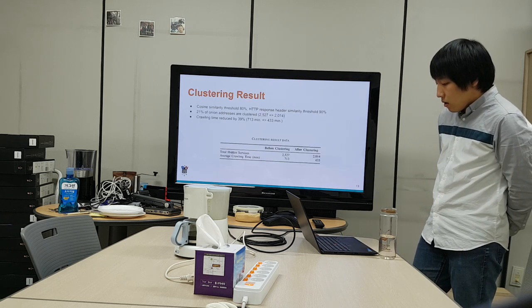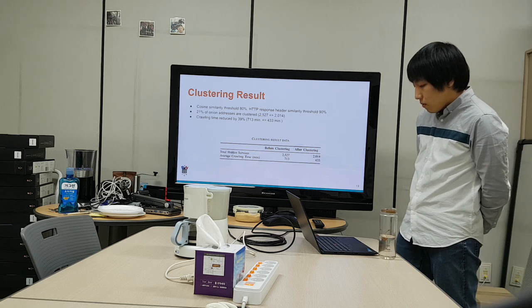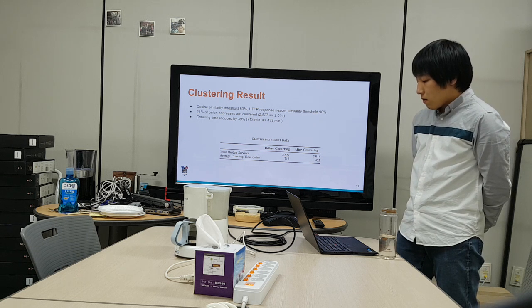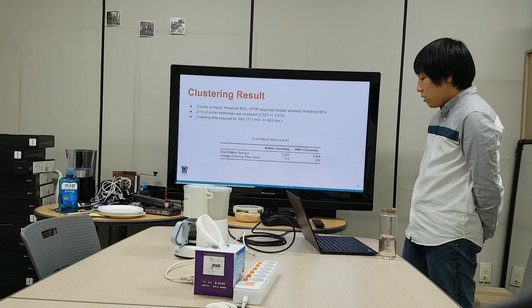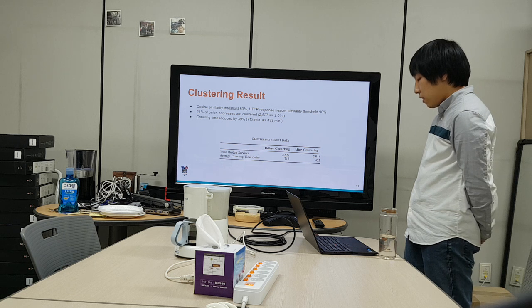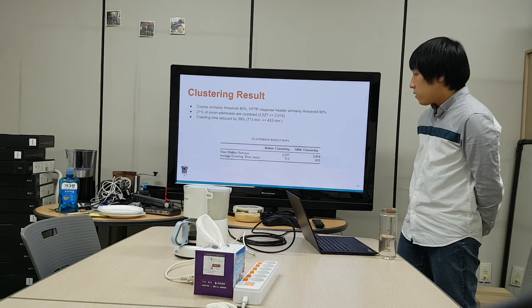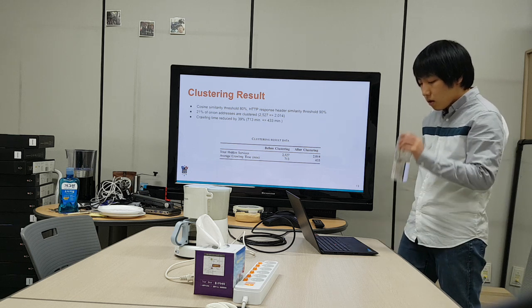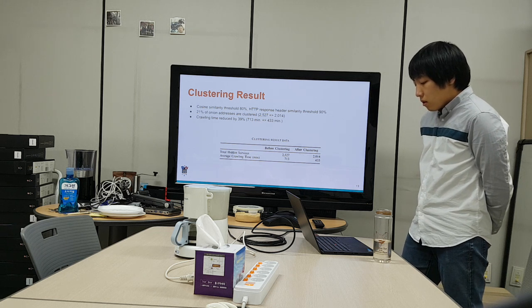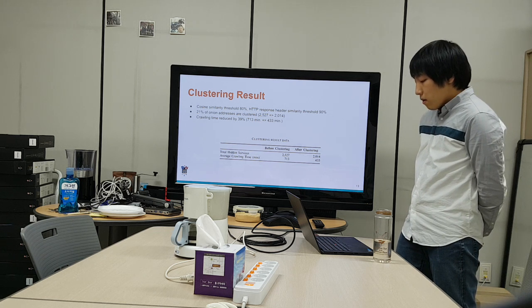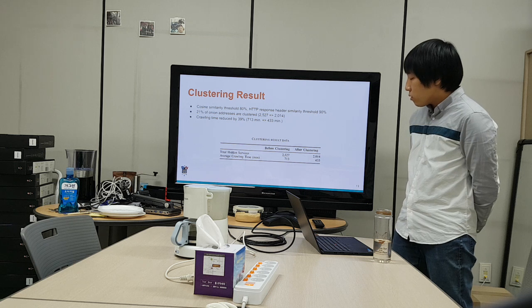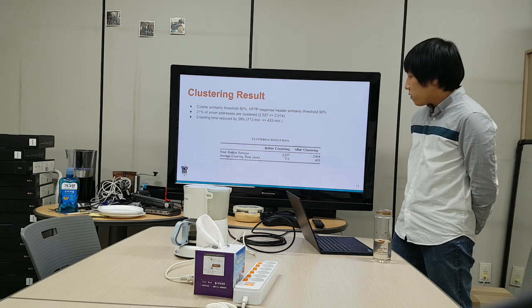The clustering results were as follows. We set the threshold for cosine similarity to 80% and the threshold for HTTP response header to 19%. 21% of the onion addresses were clustered, from 2527 to 2014.